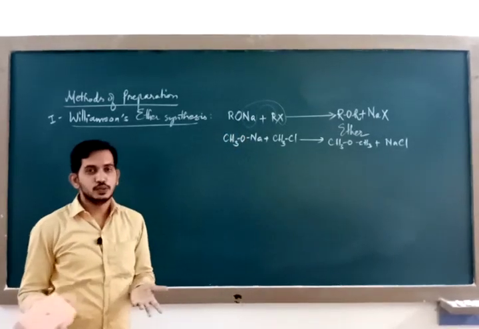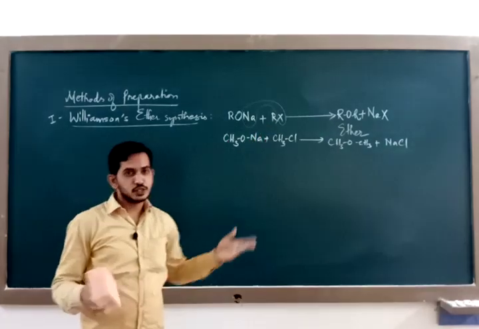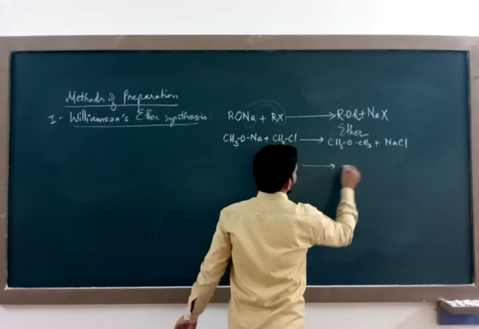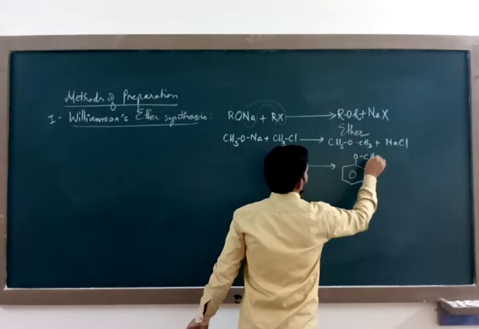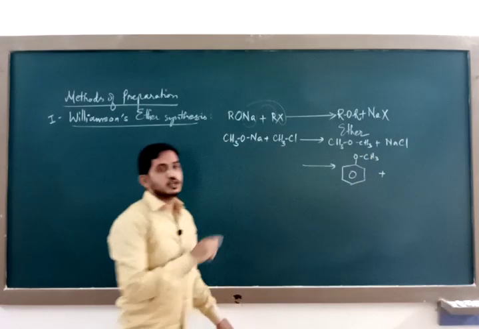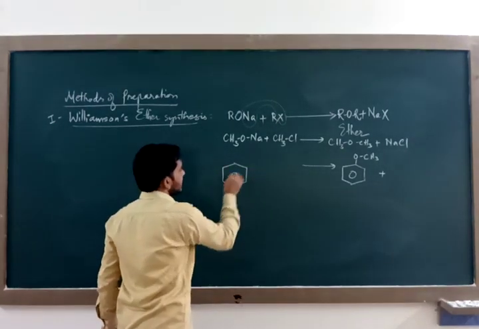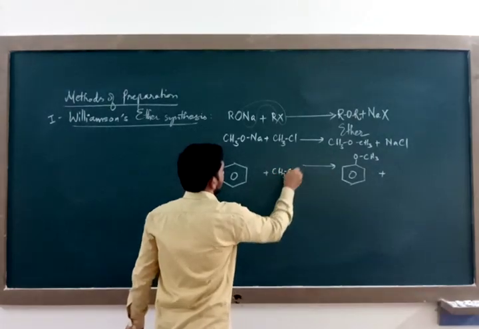Always remember, if you want to prepare unsymmetrical ethers, then the sodium alkoxide group should be the larger one. You should select such that this group is larger and the alkyl halide is a smaller one. For example, if I wish to prepare anisole, what should be the reactants? So select bigger alkoxides and smaller alkyl halides.